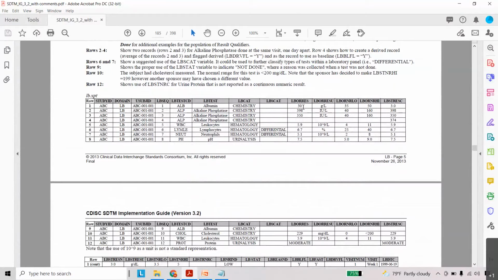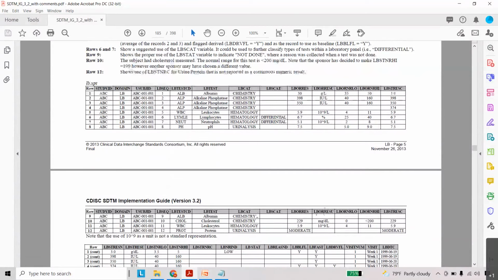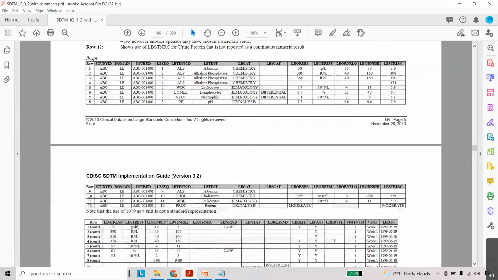You can see the original results, the original results unit, then the value converted to the standard results, LBSTRESC, LBSTRESN, LBSTNRLO, and the laboratory standard results normal.